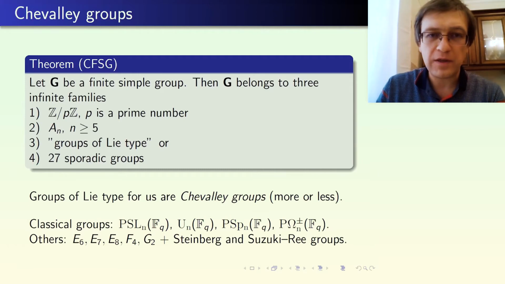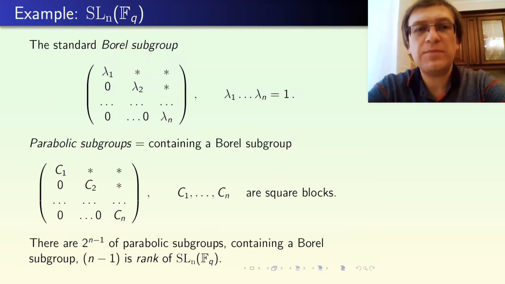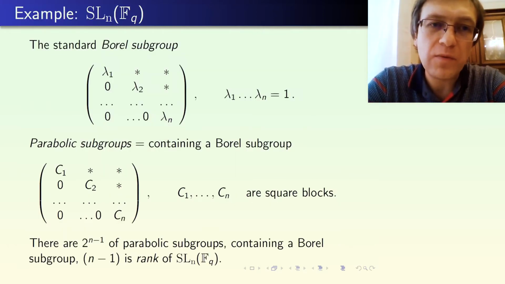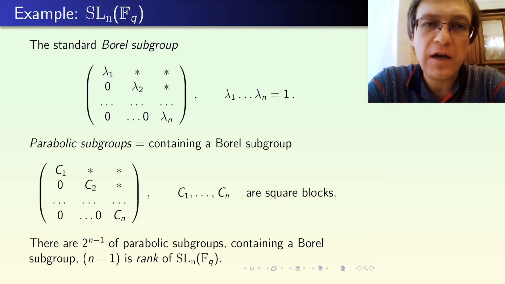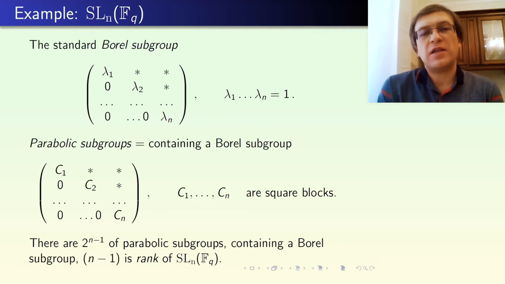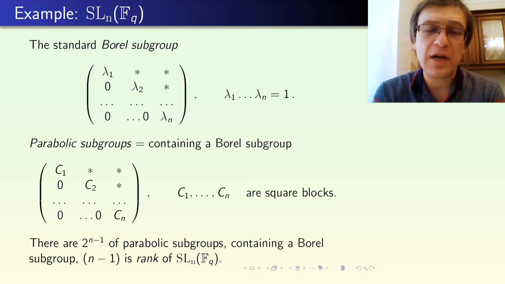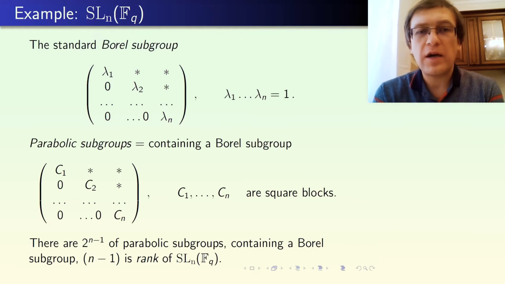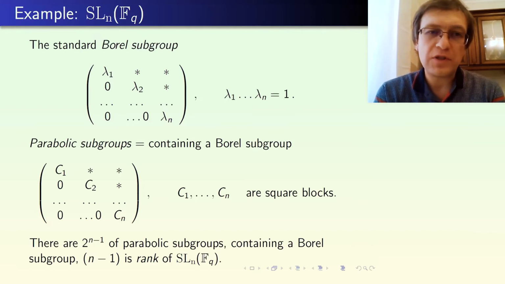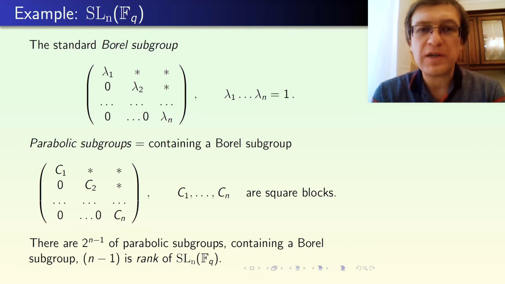So let me give you the simplest example of a Chevalley group. SL_n of F_q is actually our main object, the simplest example of a Chevalley group. We have here maybe the most important subgroup, the so-called Borel subgroup.